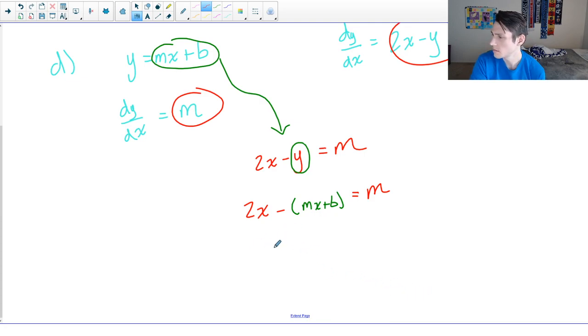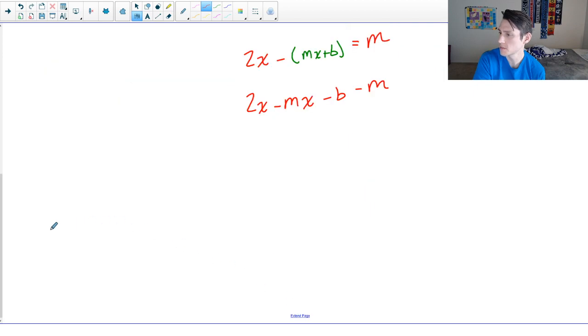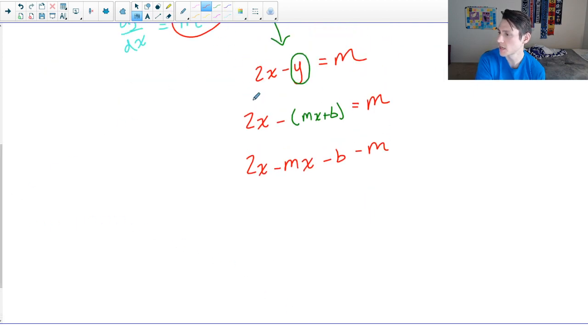All right. I'm going to distribute this minus sign, and I'm also going to bring my m over to the left side. So 2x minus mx minus b minus m. Kind of like what we did for partial fractions, I'm going to solve this by grouping some terms together.